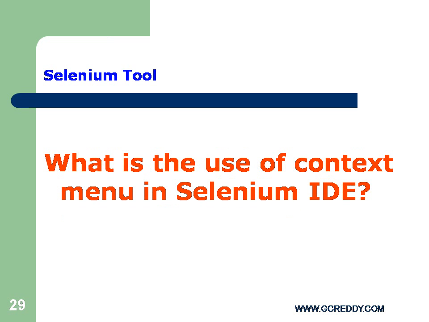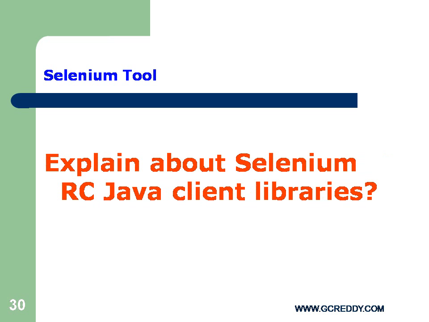What is the use of the context menu in Selenium IDE? It allows the user to pick from a list of assertions and verifications for the selected location. Explain about Selenium RC Java client libraries.